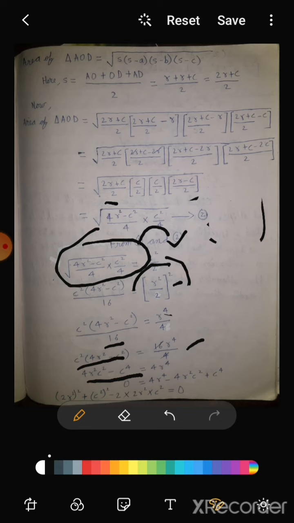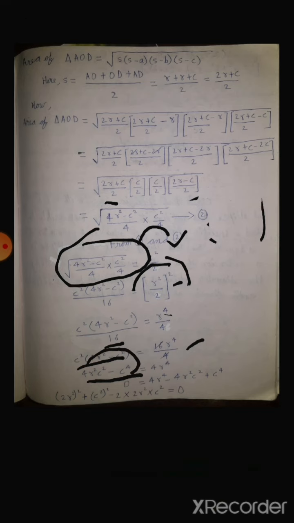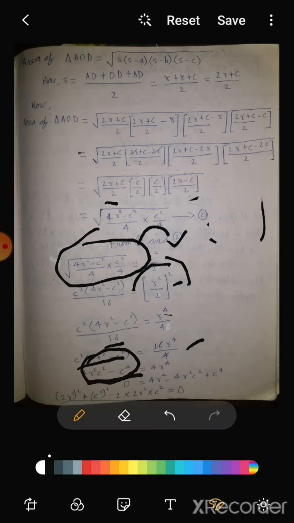And here 16R to power 4 divided by 4 will give you 4R to the power 4. So this whole step, 4R square C square minus C to power 4, will go to the right side. So here nothing is remaining. So 0 equals 4R to power 4 minus 4R square C square plus C to power 4.